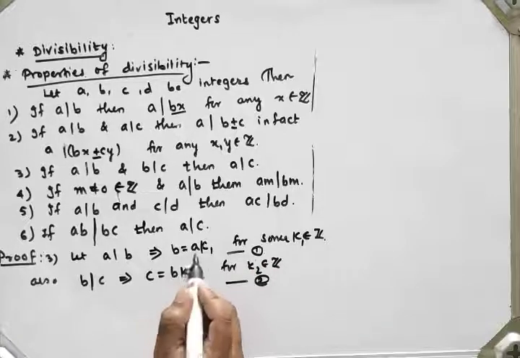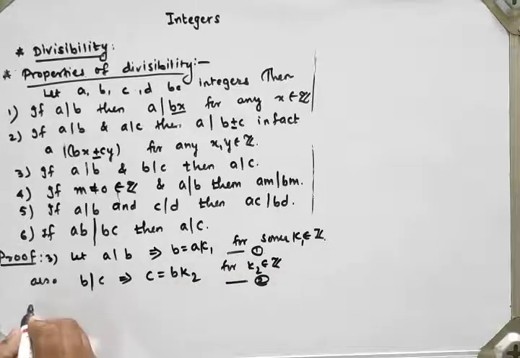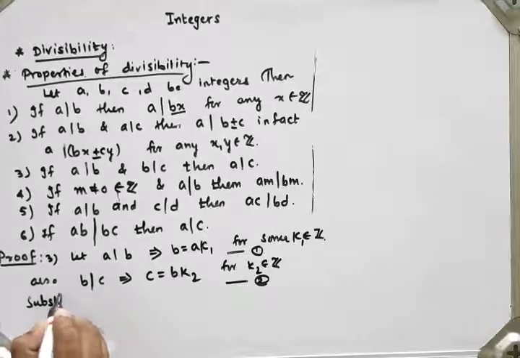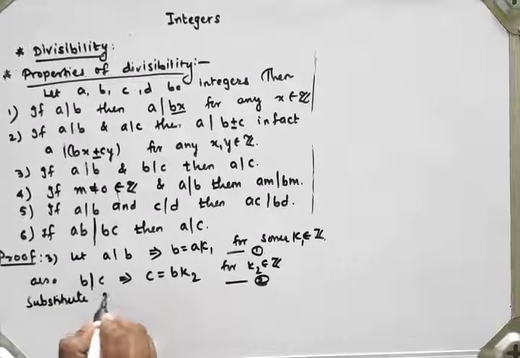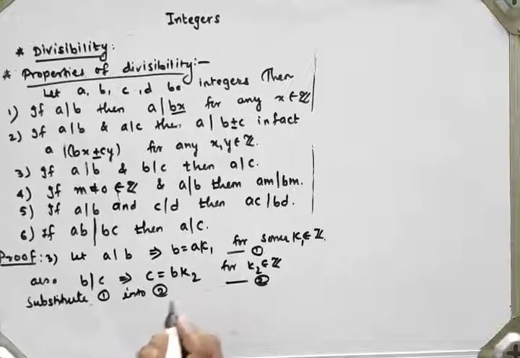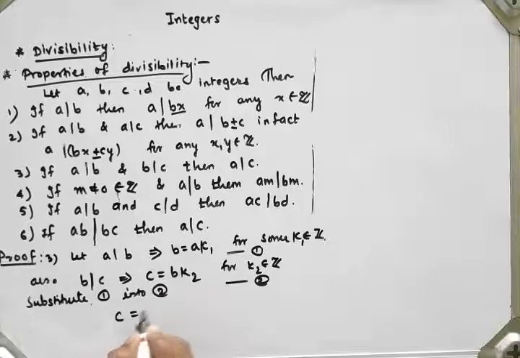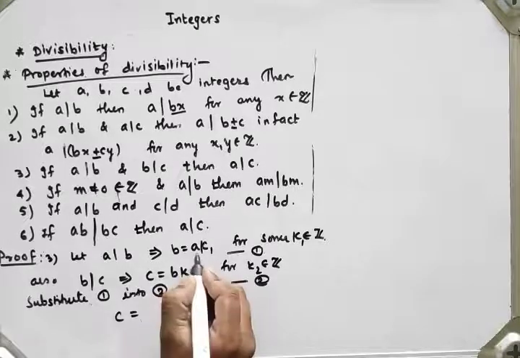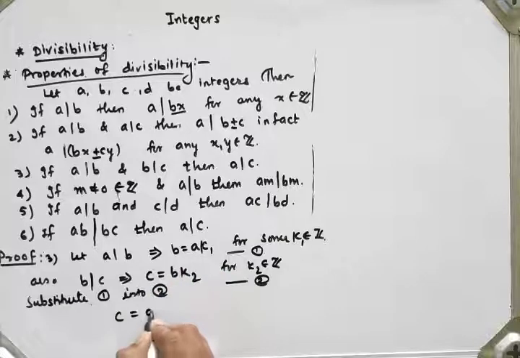So substituting equation 1 into equation 2, what will I get? c is equal to, the value of b is a into k1, so c is a into k1 into k2.